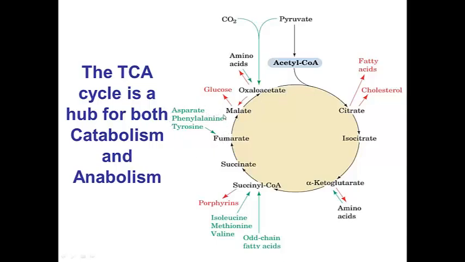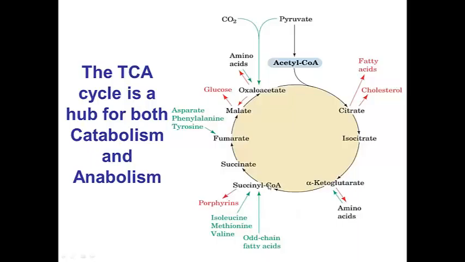And different amino acids can also feed in as fumarate, succinyl-CoA, alpha-ketoglutarate. So amino acid breakdown can feed into several different places. In addition, fatty acid breakdown can be used to make succinyl-CoA, so we can feed in energy from proteins as well as fats into the TCA cycle.